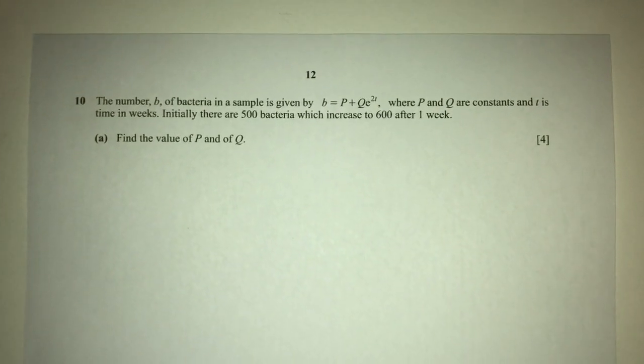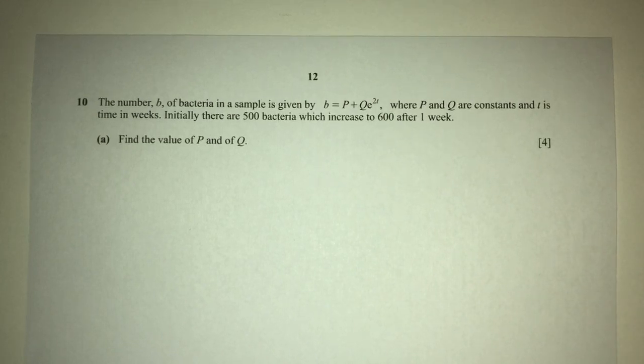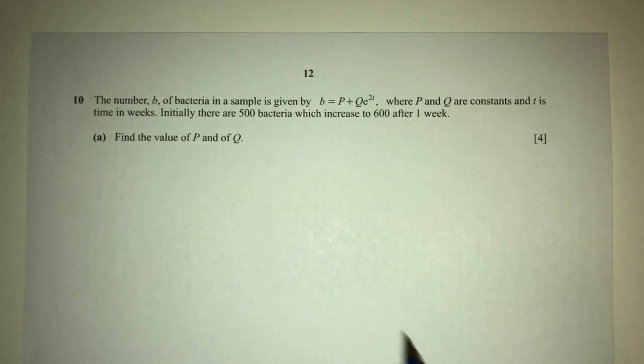Now let's move on to question number 10. The number of bacteria in a sample is given by this equation, B equal to P plus Q exponential 2T, where P and Q are constants and T is time in weeks. Okay, so these are the information given to us. Now initially, so what does initially mean?